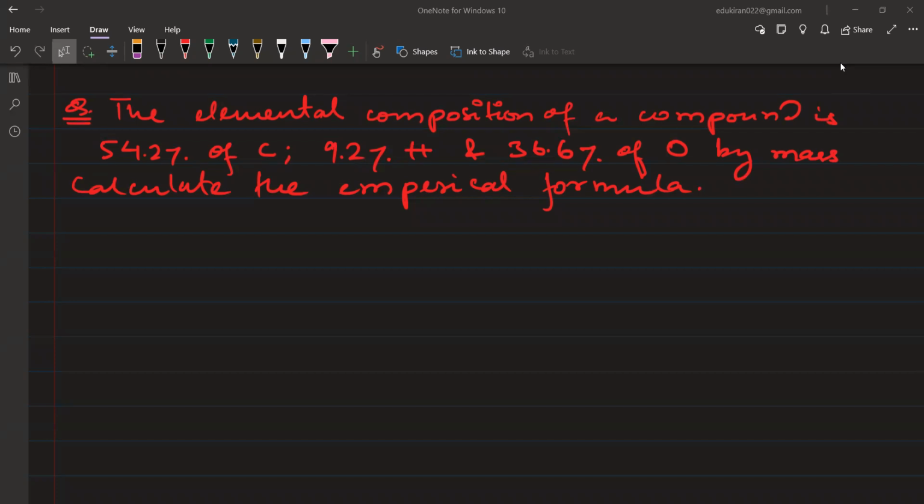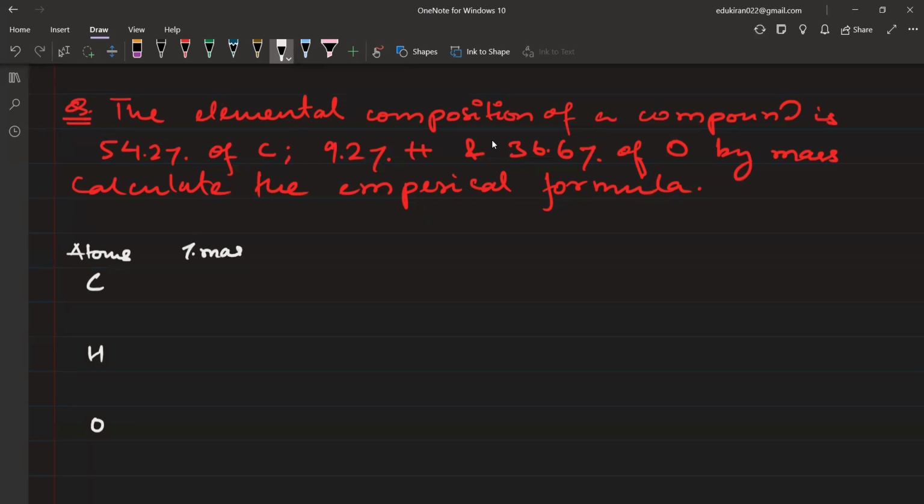So in atoms we have carbon, hydrogen, oxygen.